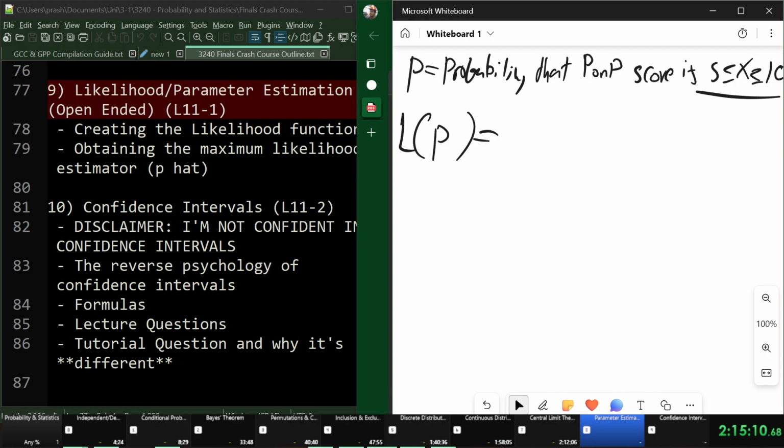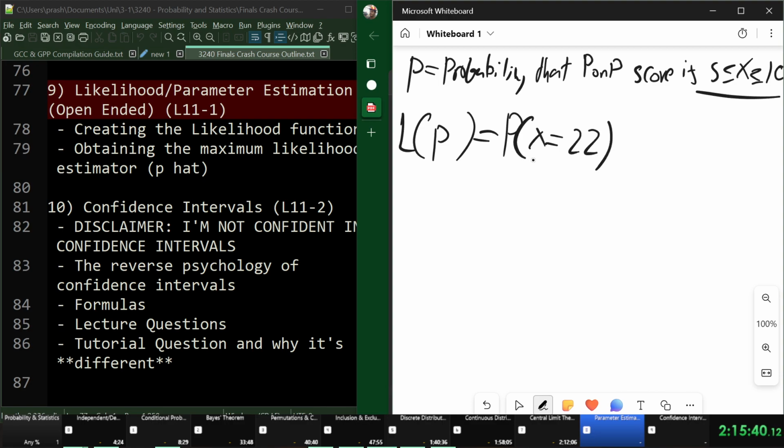I've asked my 100 people to rate pineapple on pizza from a score of 0 to 10. And out of 100 people, let's say 22 people give a score between 5 and 10. Singapore hates pineapple on pizza, I guess, with that score. So we want to find out the probability that we've measured that 22 people gave that score.